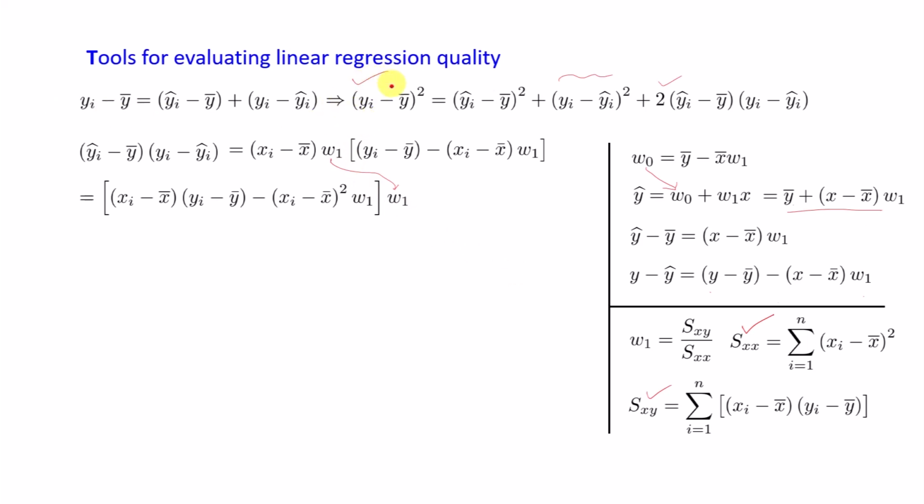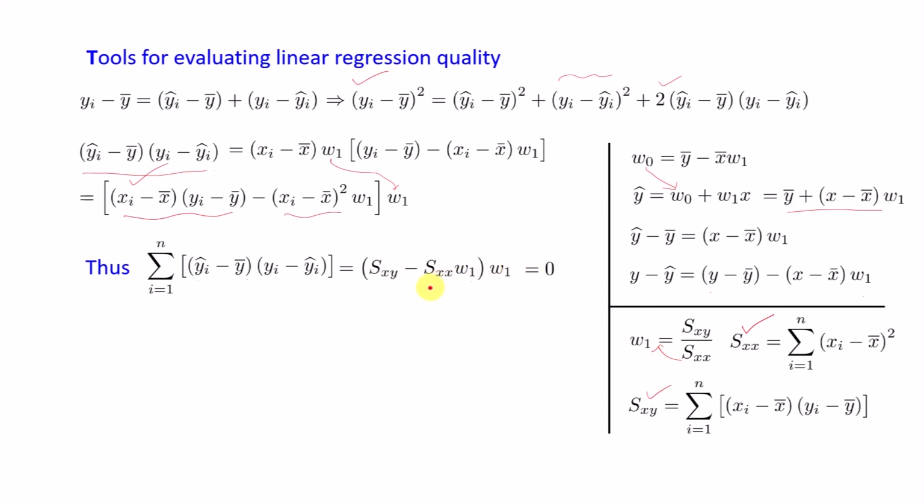So the summation of this cross term is equal to the summation here, where the summation of this is sxy and the summation of this is sxx into w1. Now you see this sxx into w1 is sxy. So sxy minus sxy is 0. So this term gives 0.